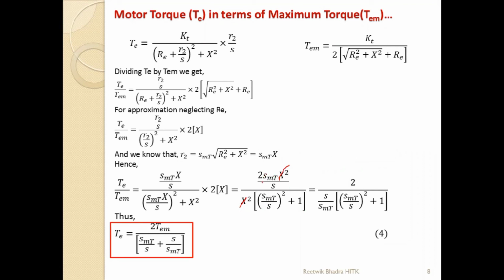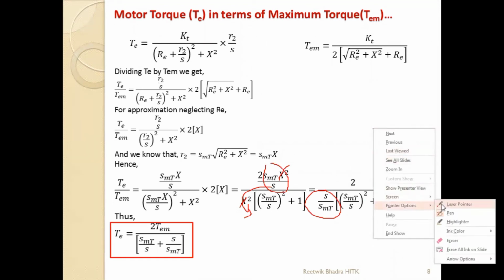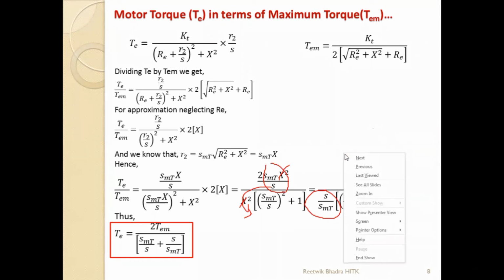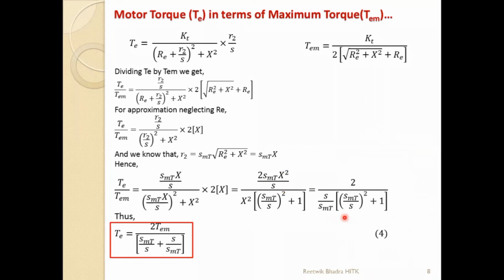Now if you bring this SmT by s in the denominator, you will write it as s by SmT. So 2 by s by SmT into SmT by s whole square plus 1. This is our equation. So multiply this s by SmT inside.